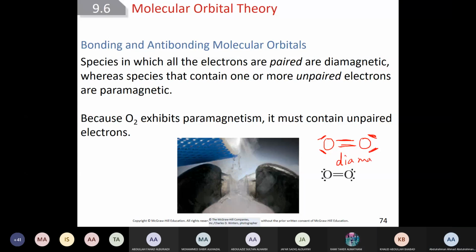Yes. But in experiment, it was found, this is the magnet now, that it is paramagnetic. It's affected by the magnet. See, the oxygen is going this way toward the magnet. So it is actually paramagnetic.